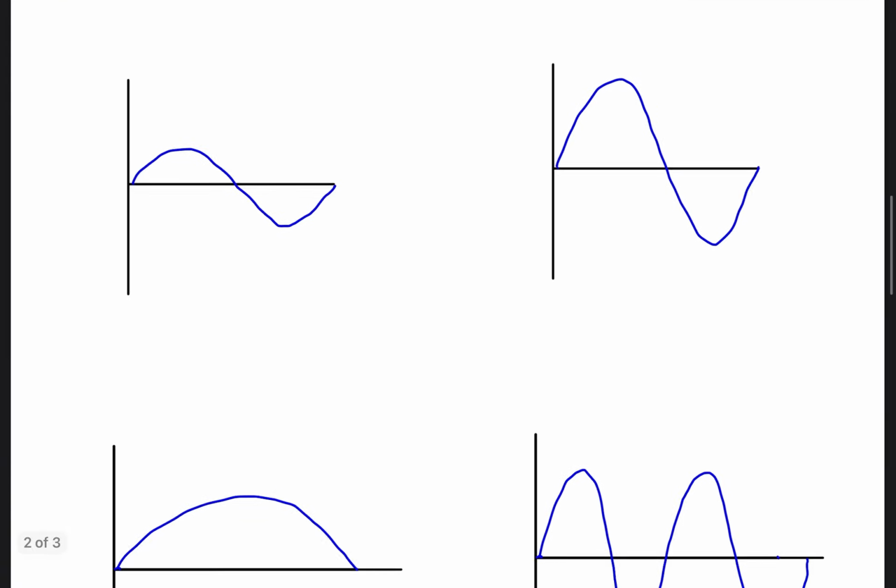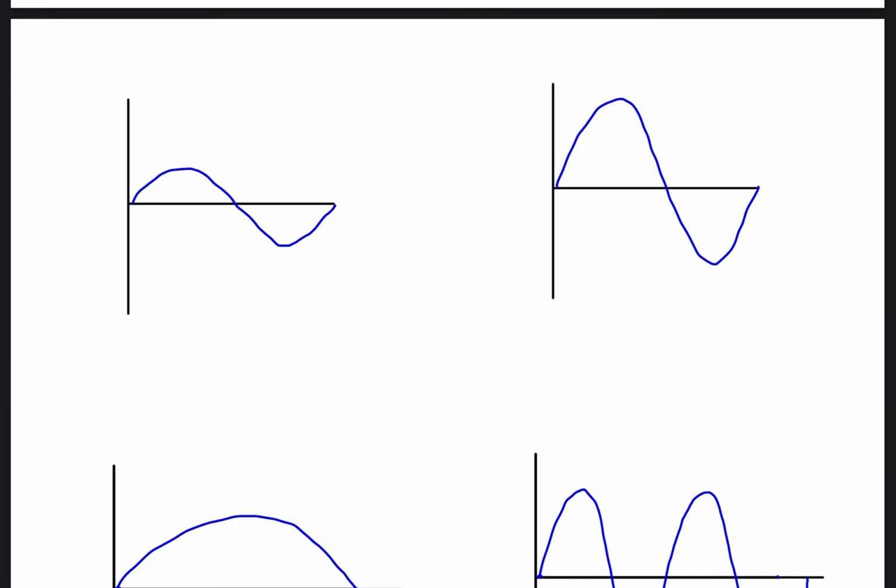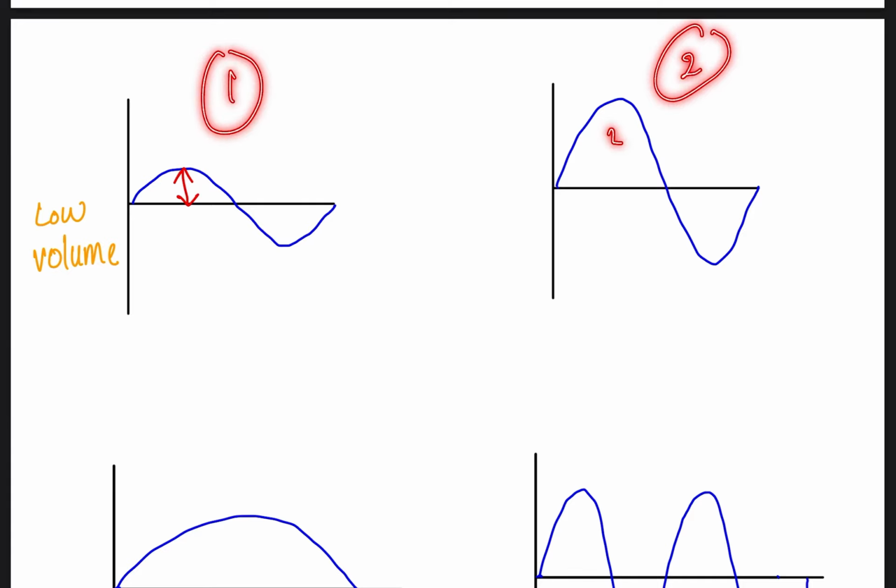Moving forward, there are some diagrams shown here. The first structure is a low volume sound, and this thing here indicates the amplitude. This is the amplitude. Comparing image 1 and image 2, which has a larger amplitude? This one has a larger amplitude.